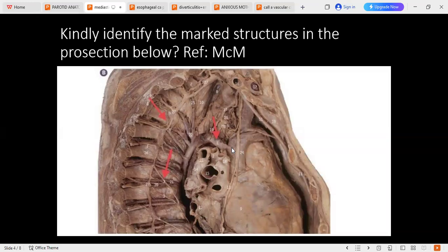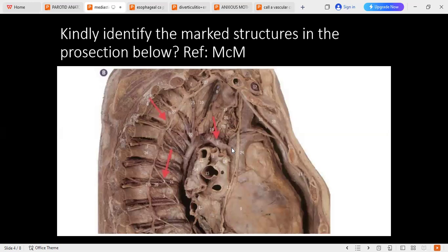What are the branches of the arch of the aorta? The arch of the aorta has three branches: the left common carotid, the left subclavian, and the brachiocephalic trunk. There's only one brachiocephalic trunk, which gives two branches, the right common carotid and the right subclavian.